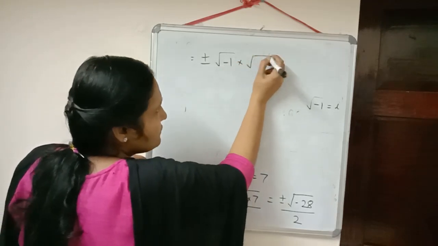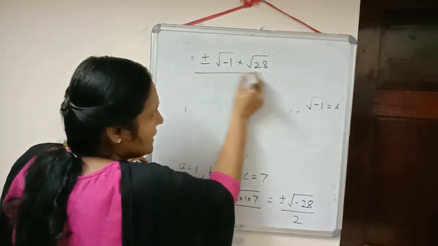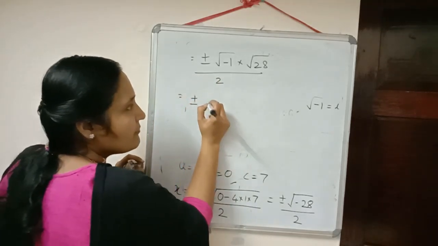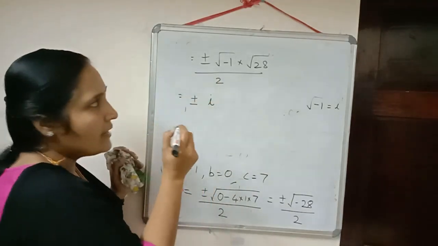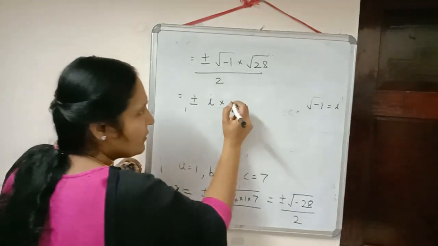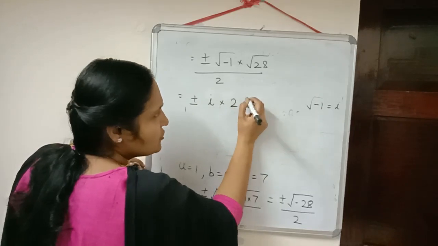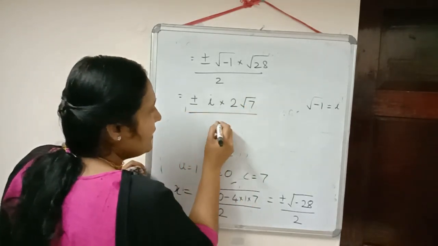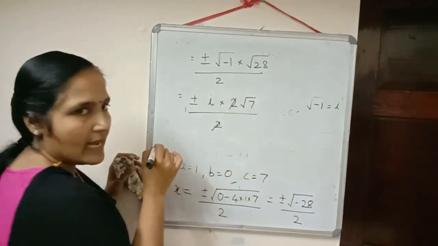square root of minus 1 into square root of 28, by 2. Square root of minus 1 is i, and root 28 we can simplify. 4 sevens are 28, and the square root of 4 is 2, so we can rewrite it as 2 root 7 by 2. So 2 and 2 will get cancelled.